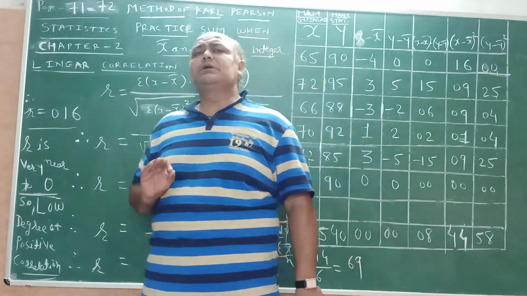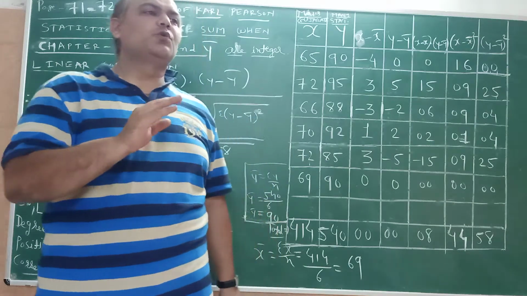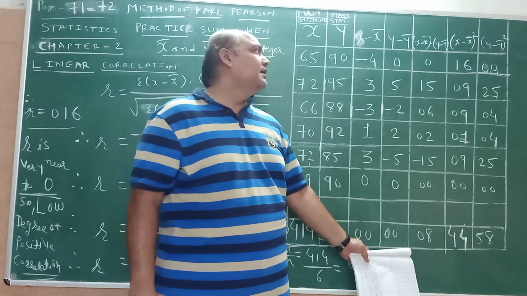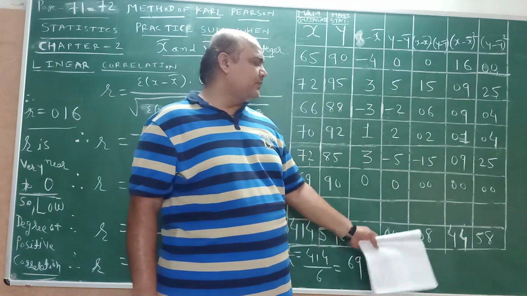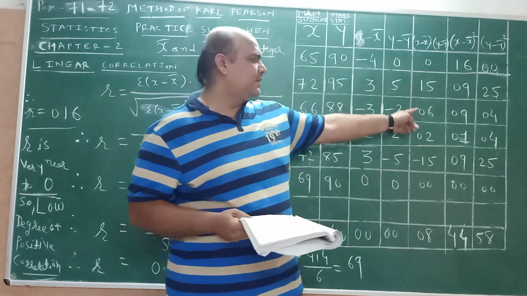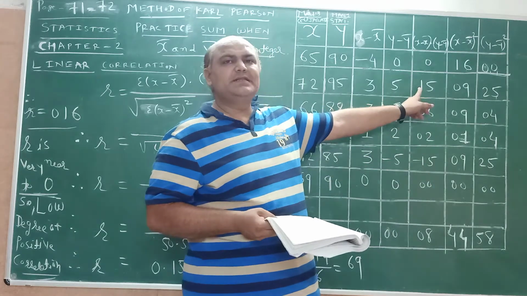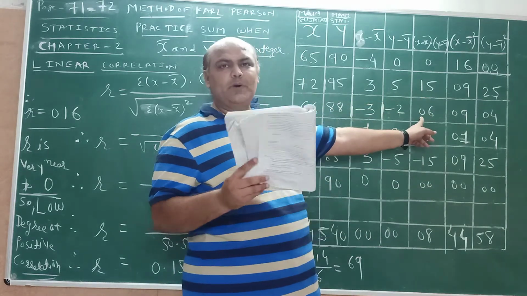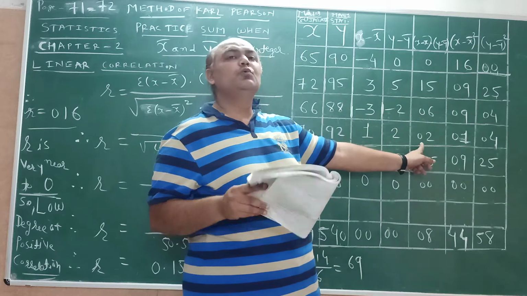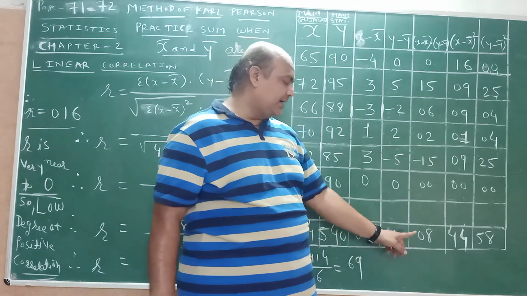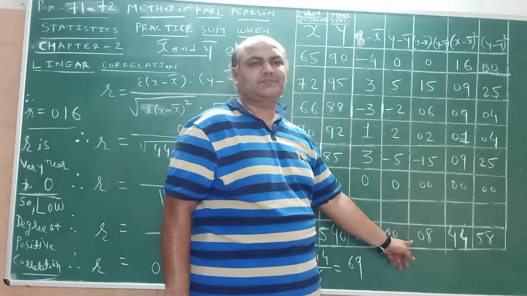After preparing all the columns, we have to do the total of the columns. Total of x minus x bar into y minus y bar is total of plus plus and total of minus minus. Total of plus means 15 plus 6, 21, 21 plus 2, 23, 23 minus 15. So the final answer comes 8.